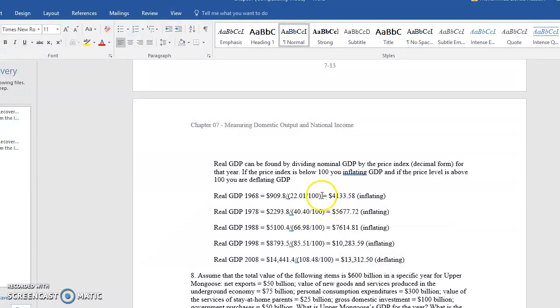Now one thing we need to tell you is that the way they use this formula is they divide the price index by 100 first, and then divide the nominal GDP by that price index expressed in hundreds, right? You get the same answer if you divide 909 by 22.01 first and then multiply the result by 100. So you can check.